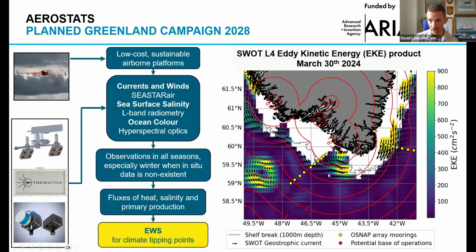So what we're now doing is focusing in on the areas we would like to look at. We're starting to look at areas where we have a confluence of the shelf break for that cross-shore variability, high dynamic variability from the eddy kinetic energy, some in situ data that's already present in terms of the buoys, and an ability to be on station for at least 3 hours, because from the temporal variability analyses of the winds that we've been doing in the project, we see that we need an update rate for the winds of at least 3 hours to really get the extreme variability that's important for the fluxes.